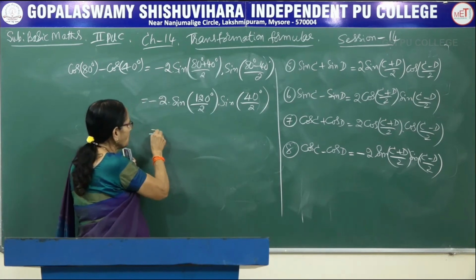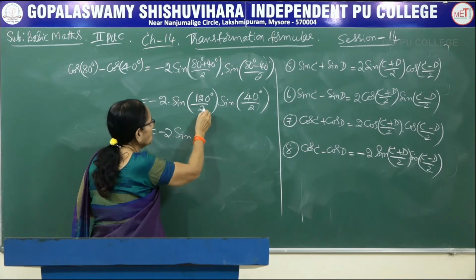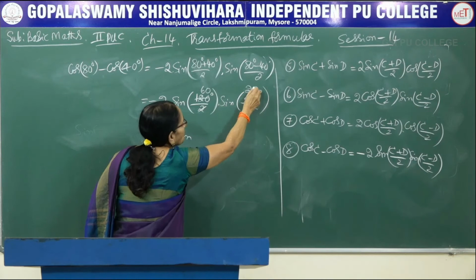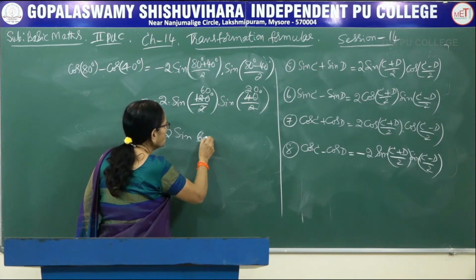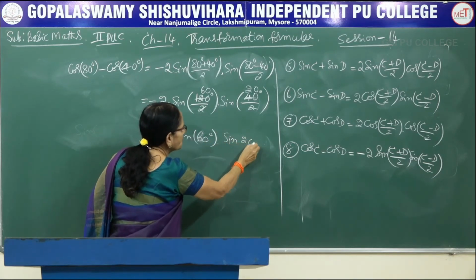Now simplify further, it is minus 2 times sin of 60, you can cancel, times sin of 20, you can cancel. Therefore it is sin of 60 degrees into sin of 20 degrees.